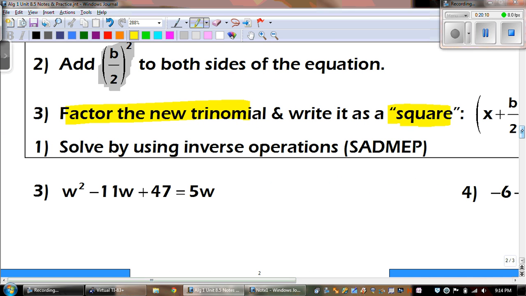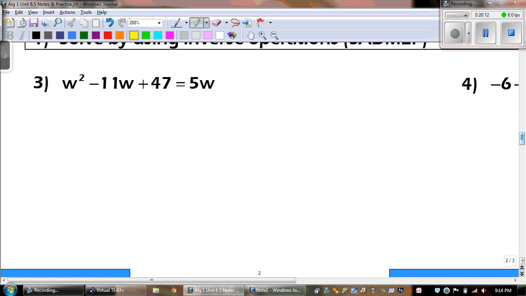So for number 3, the first thing we got to do is get that 5w to the other side. So I'm going to subtract 5w, subtract 5w, and we get w squared equals minus 16w plus 47 equal to 0.